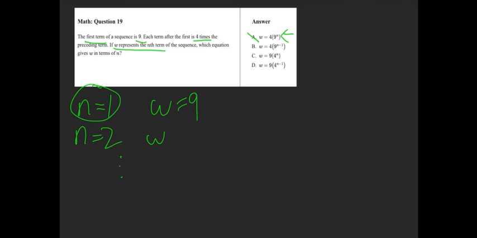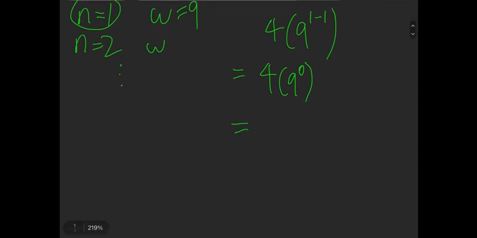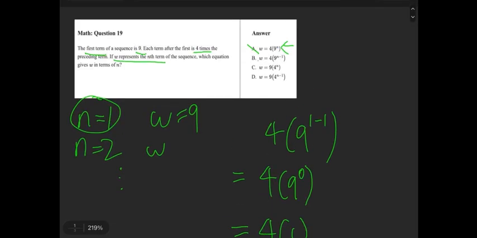If n equals 1 in answer choice B, W would be 4, because remember, anything except 0 to the 0th power is just 1. Therefore, B is wrong. For C, we see that if n equals 1, W would equal 36. Same thing as A. Therefore, C is wrong.